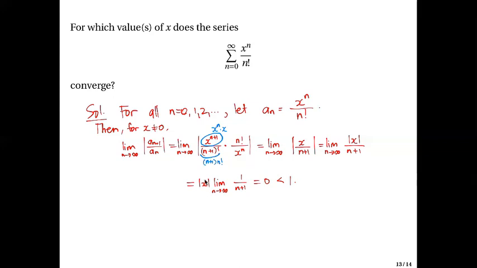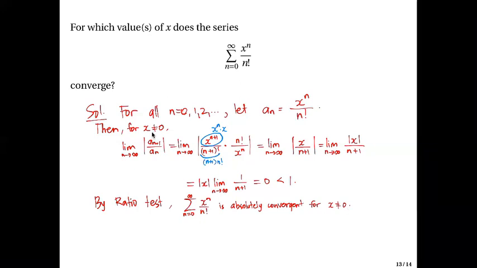So by the ratio test, the series x to the n over n factorial, n from 0 to plus infinity, is absolutely convergent for x not equal to 0. Just for this part of the solution, we have this conclusion.